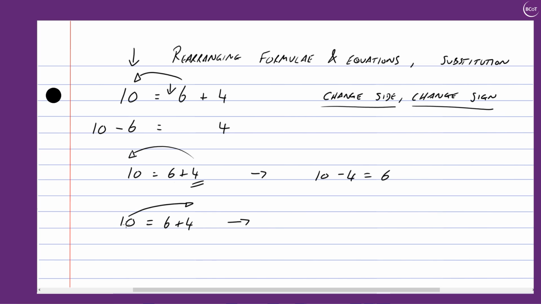So if I was moving the 10 from the left-hand side to the right-hand side, there'd be nothing on the left-hand side. We would have 0 equals 6 plus 4, and that would become minus 10. And of course this is right. 0 is 10, take away 10, so that works. So just be aware of that change the side, change the sign, which applies to when we've got numbers added or subtracted.